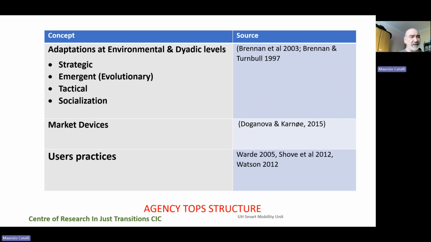The other section is market devices. Market devices are features of the market that structure what the organizations do. For example, ISO 14001, we can call this a market device, because as companies try to change their practices in order to comply with that particular standard, that shapes their dealings and the way the network is designed.